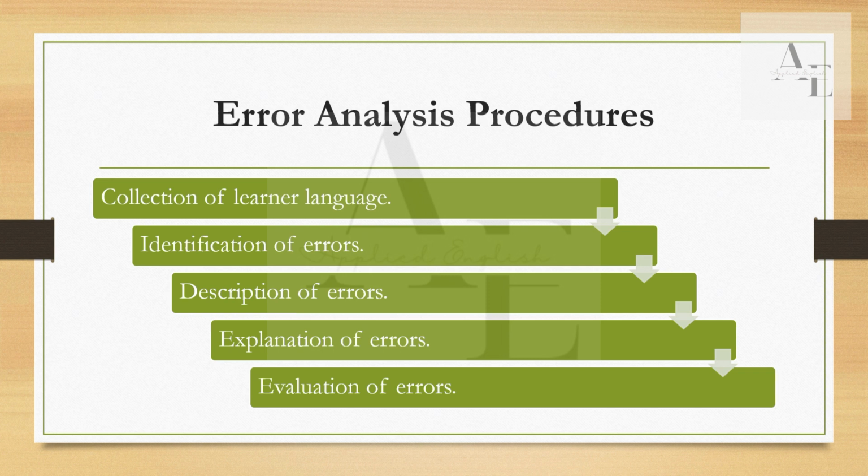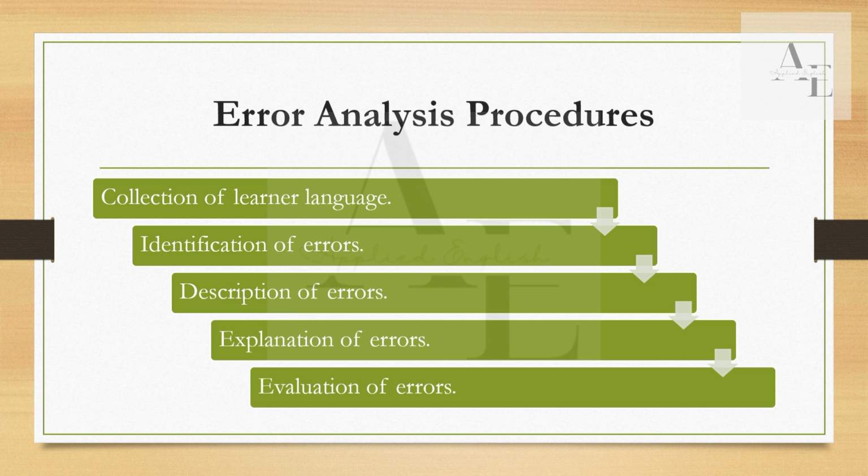After they have identified the error, they need to describe the error. Does that error affect the phonology, morphology, the syntax, the grammar? What field does this error affect? Then the explanation of errors. Why did this error occur? Is it from interference, or is it a developmental error? Finally, the evaluation of error.